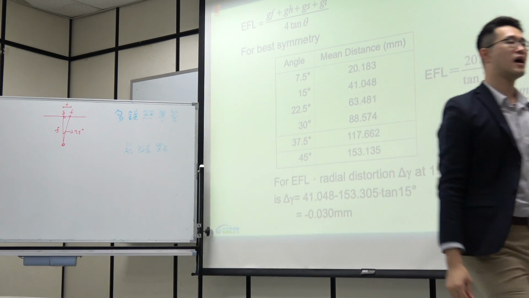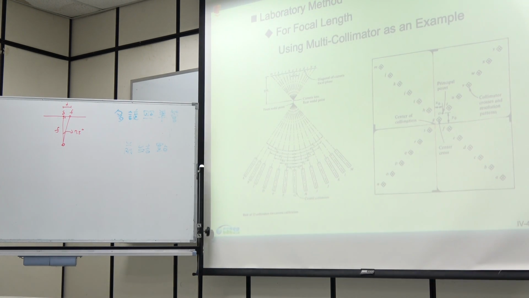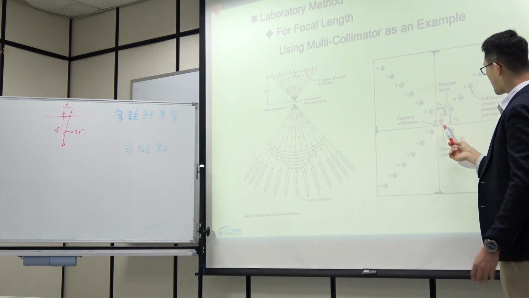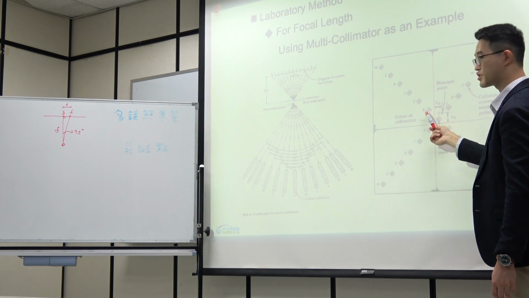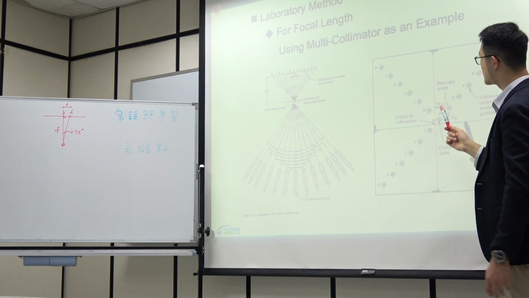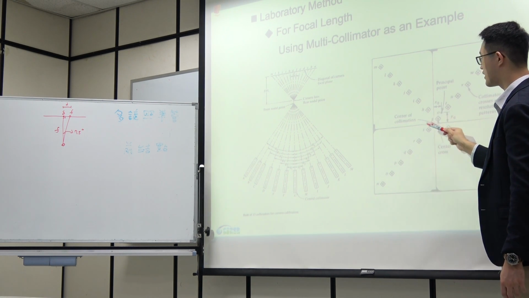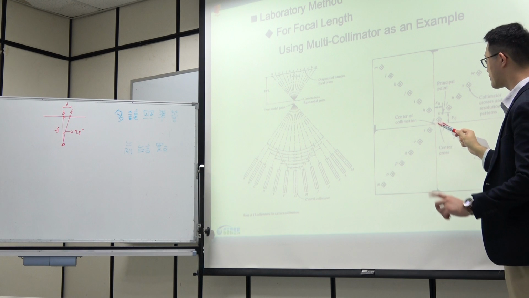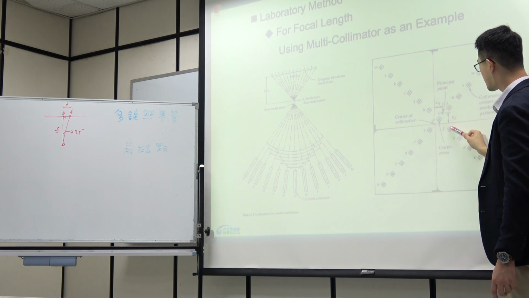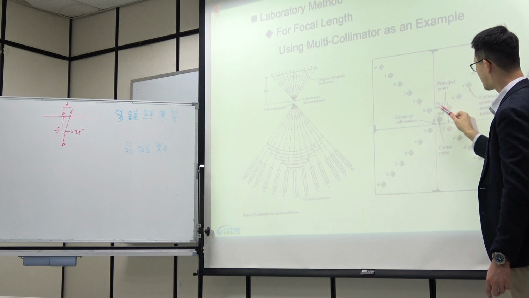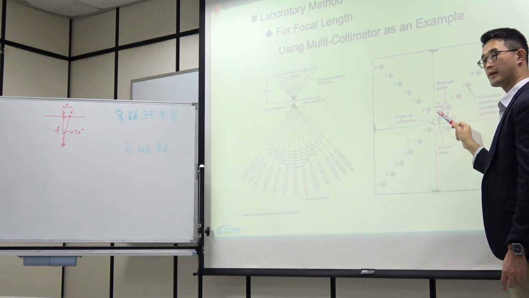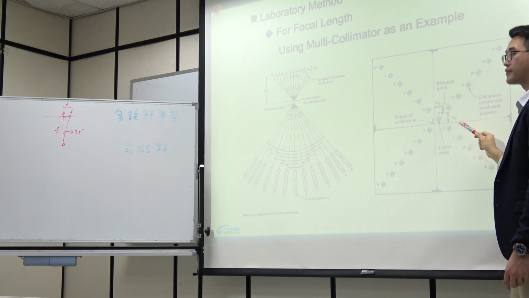G is over here, F is over here, and you also have S, T, and H. So the EFL is calculated by first computing the average distance from the center collimator to its surrounding collimators.